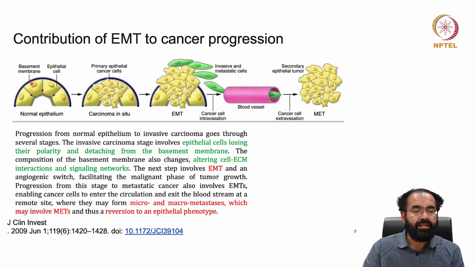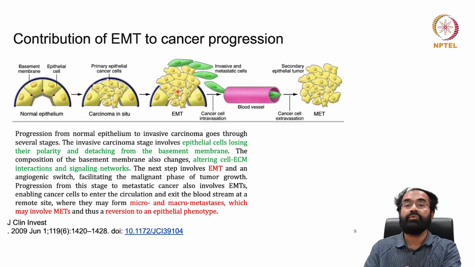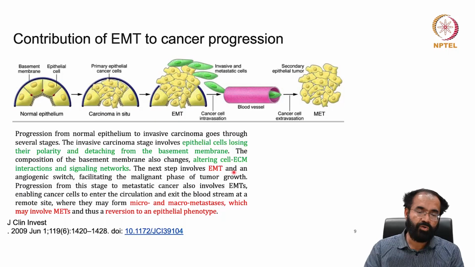So you can see here the basement membrane is there, and some cells have changed their property, and then they proliferate, and eventually they become invasive metastatic cells passing through the blood vessels into a target site. Even at the target site, it will retain its identity. The cancer cell will not become a new cancer. It will retain the identity of the source cancer, but it will form a secondary tumor.